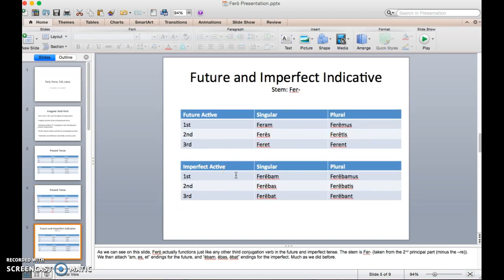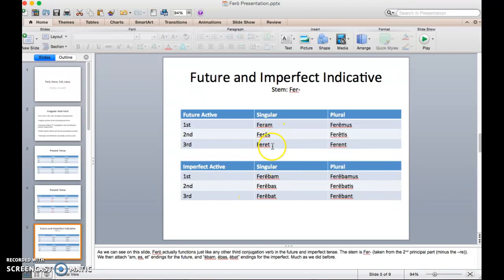Alright, so now let's move on to the future and imperfect tense. For the future and imperfect indicative, we're going to be using the stem fer-, which you notice for the present tense, the regular forms like ferimur, ferimini, feruntur, we were using the fer- stem as well. We're going to keep that here for both the future indicative, active and passive, and for the imperfect indicative, active and passive.